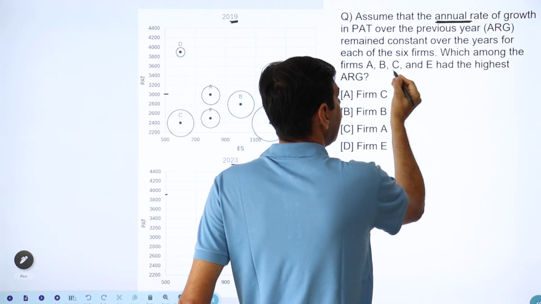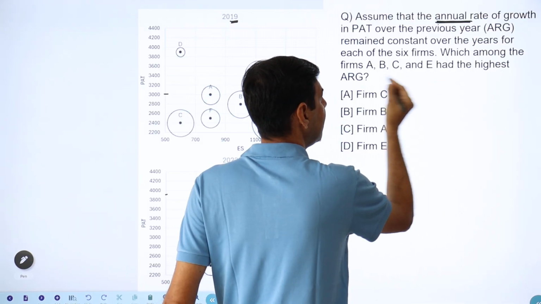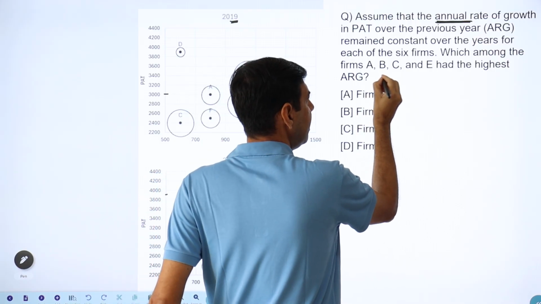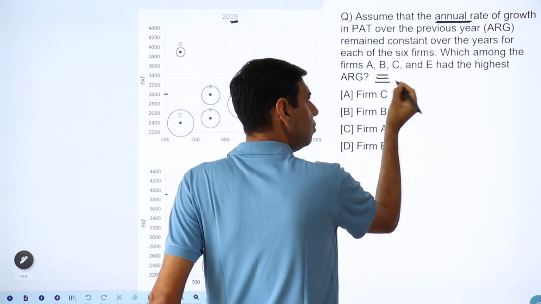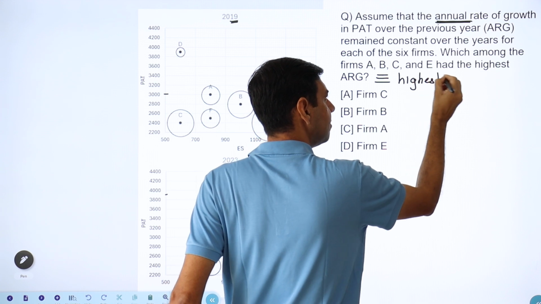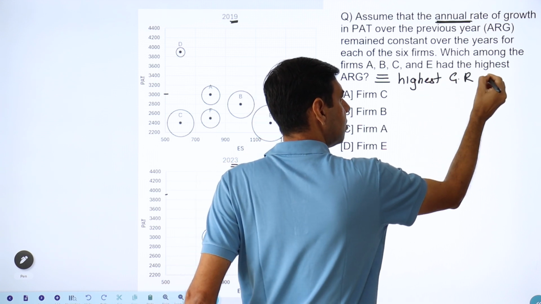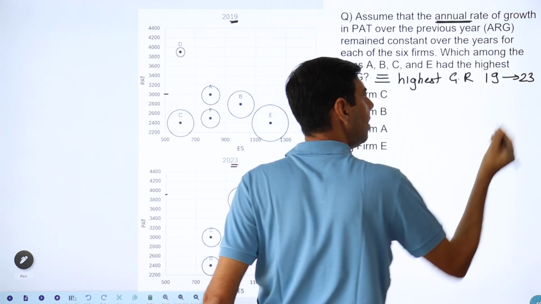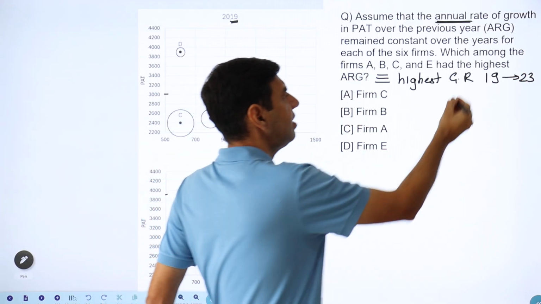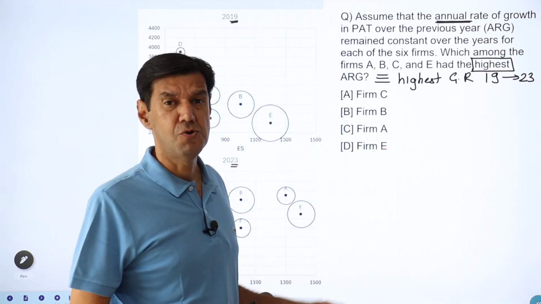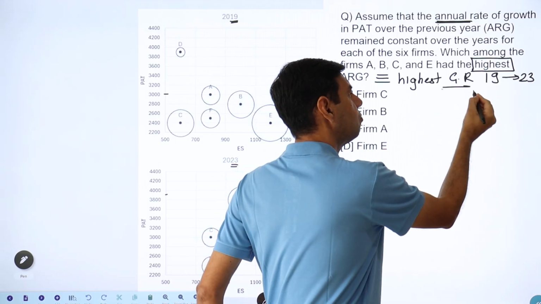Which amongst the firm A, B, C and E had the highest annual growth rate? Now the highest annual growth rate will also be the company which has the highest growth rate, just the growth rate from 19 to 23. So I don't need to really annualize it, because I just want to find the highest one. I don't want to find a numeric value. So I just take the total growth rate.